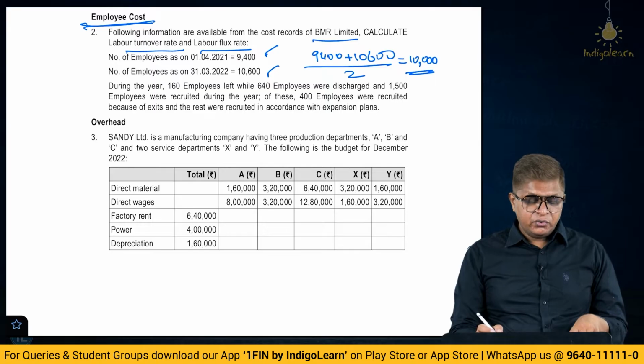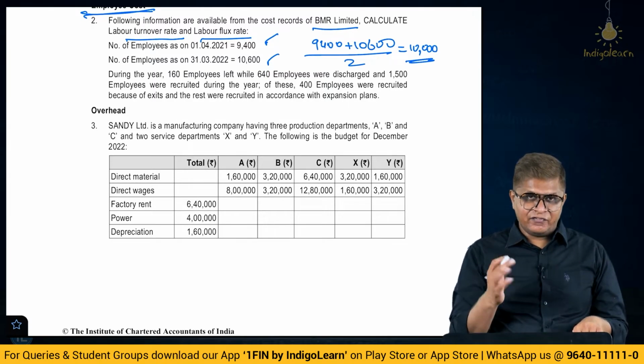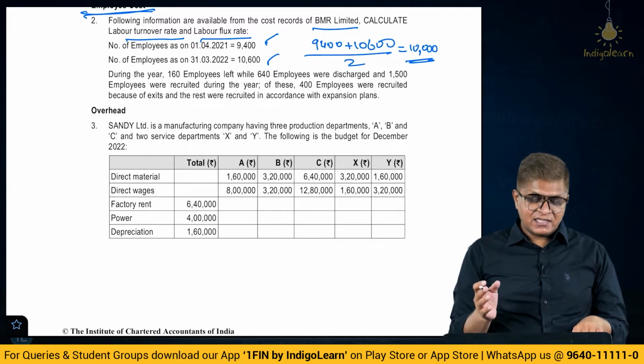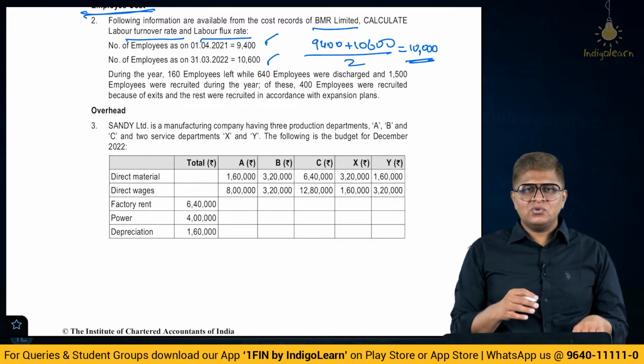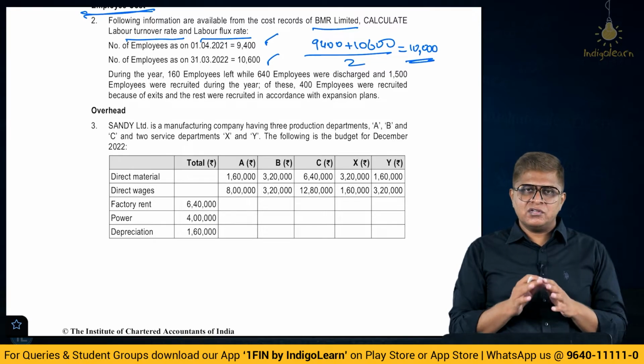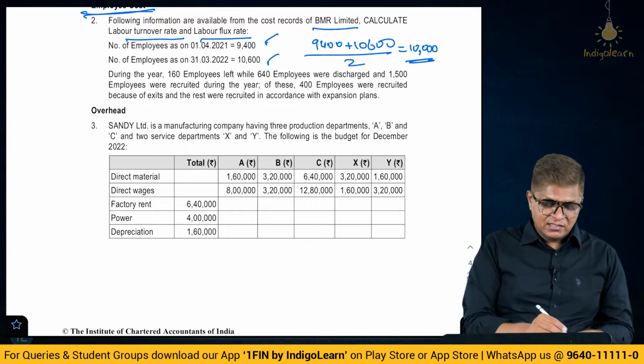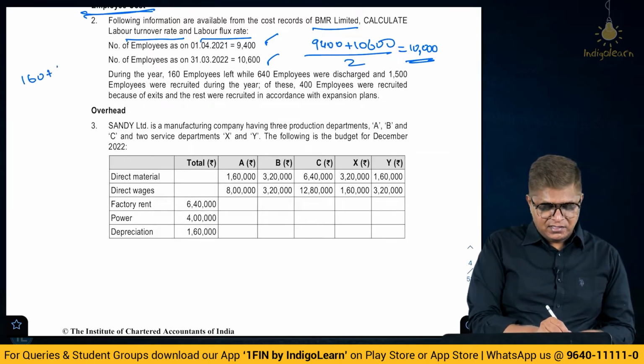Alright. During the year, 160 employees left while 640 were discharged. So in a way 160 also have gone and 640 also have gone. So if I have to calculate the total number of separations, it is 160 plus 640, which is 800.